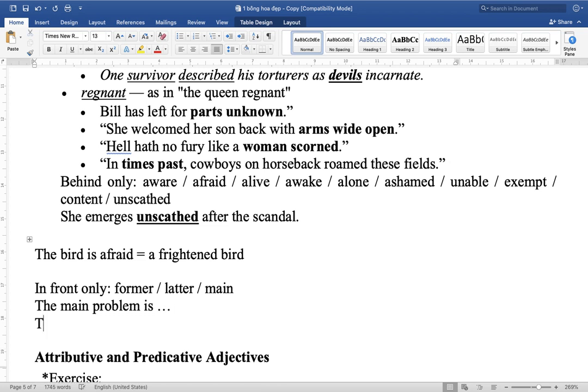If we write "the problem is main," it's not right. We don't have this sentence. So be careful for some adjectives that you can use in front of a noun, after the noun, or after the linking words.